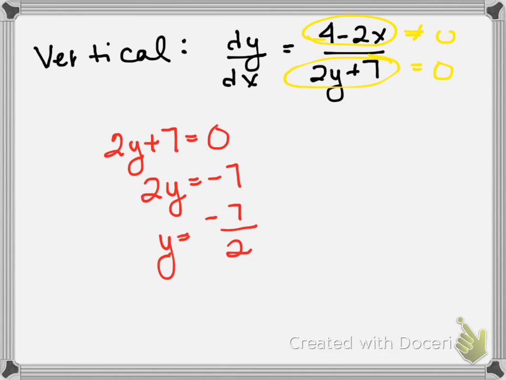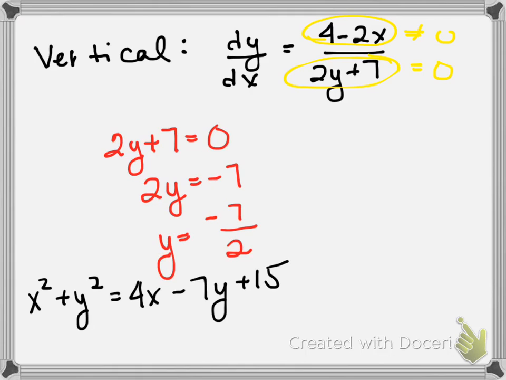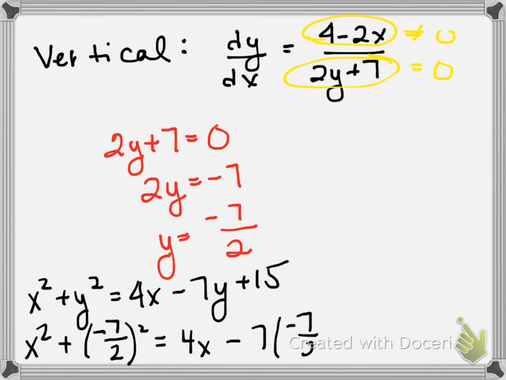Okay, so if y equals negative 7 over 2, we go back to our original function, which tells us we have x squared plus y squared equals 4x minus 7y plus 15. So when y equals negative 7 over 2, we get x squared plus (negative 7 halves) squared, which equals 4x minus 7 times negative 7 halves plus 15.